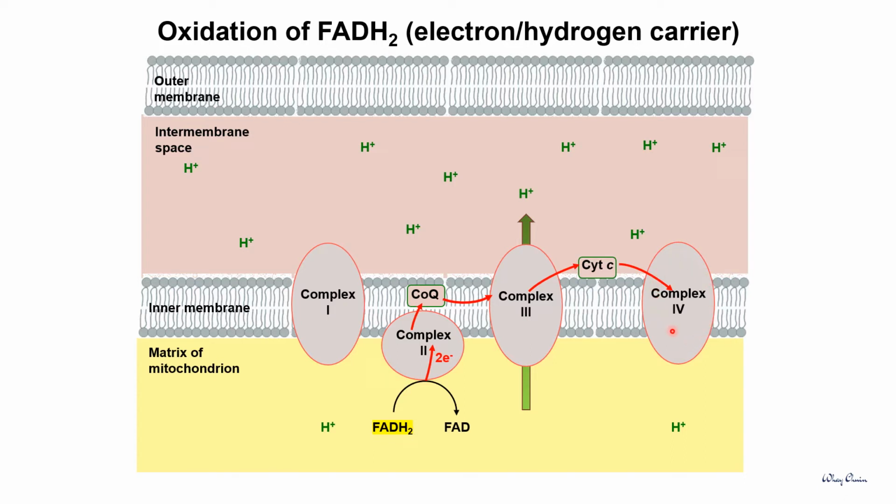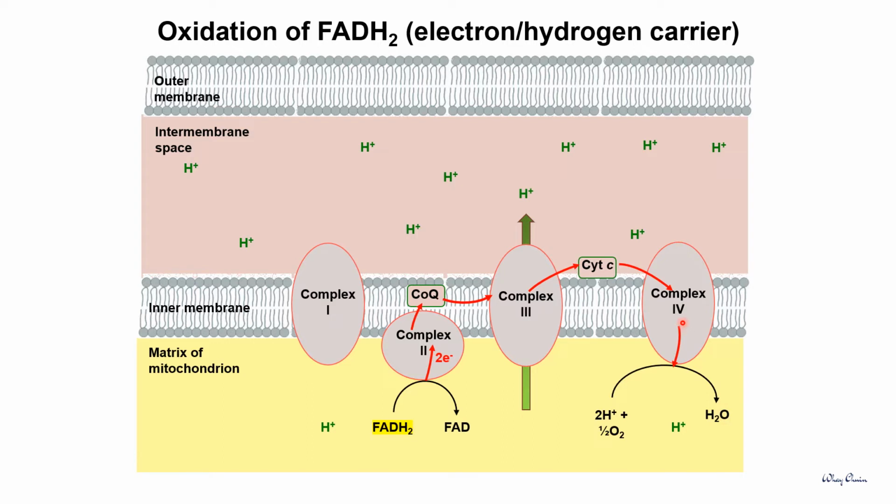So redox reaction occurs again. And complex 4 will pass the electrons to the last electron acceptor, which is the oxygen atom that will accept 2 hydrogen ions found in the matrix of mitochondrion and produce a water molecule.